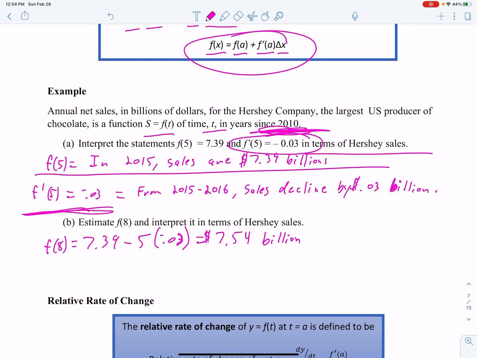And that's in 2018, because f of 8 is 3 years past 2015.